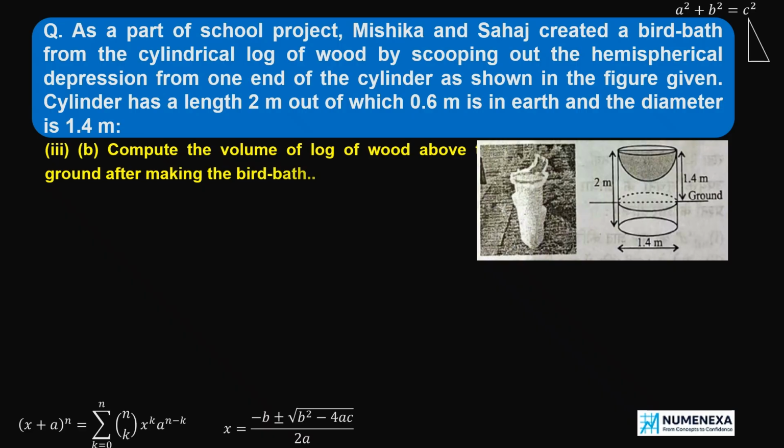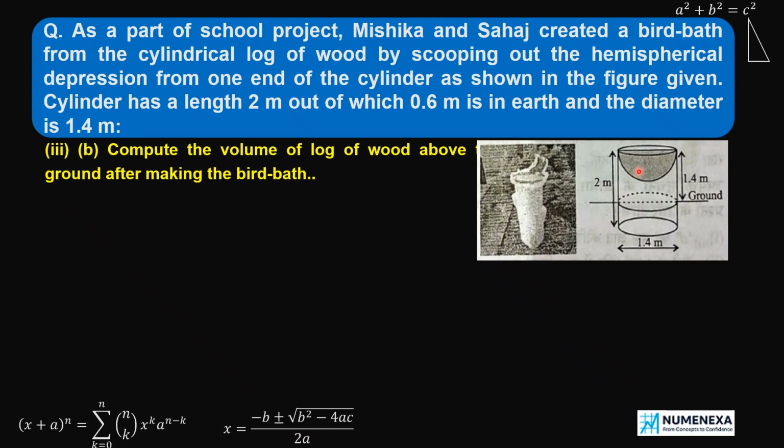The next question: compute the volume of the log of wood above the ground after making the bird bath. Naturally, the volume of the log of wood will be the volume of the cylinder minus the volume of the hemisphere.